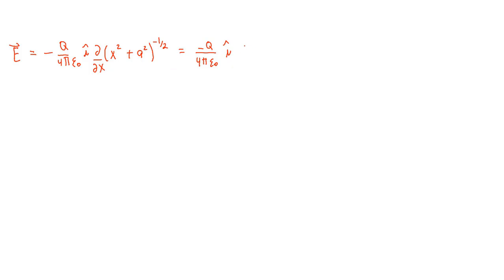The derivative of the inside is 2x. The derivative of the outside would be negative 1/2 x squared plus a squared to the negative 3/2, close big paren.